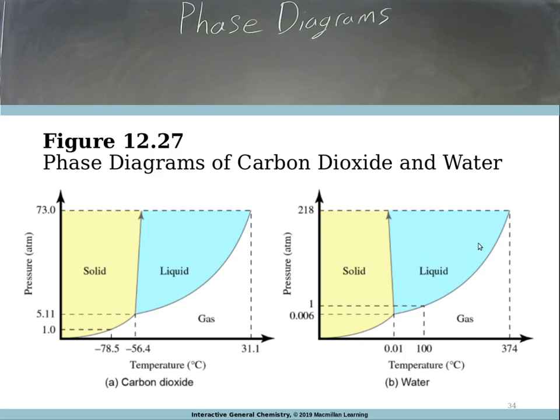Water also has an unusually large region of the liquid phase. You'll notice the temperature spans 300 Kelvin here, or 300 degrees Celsius or so on this graph.